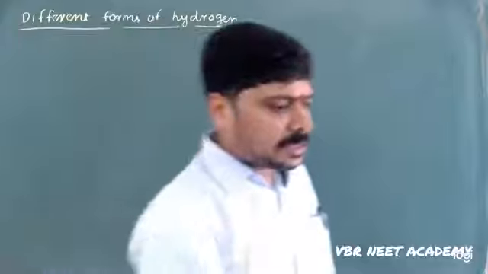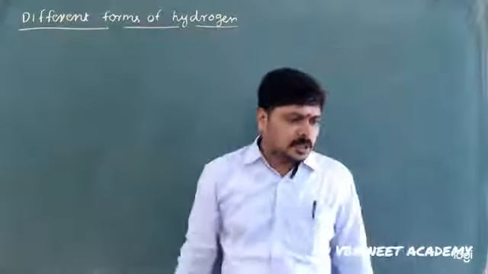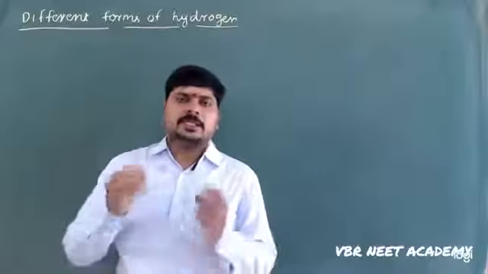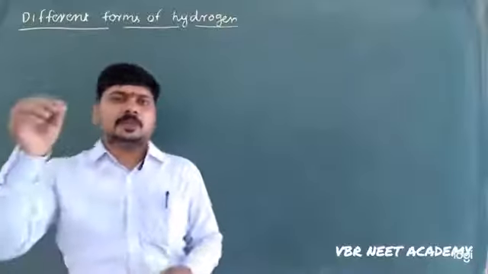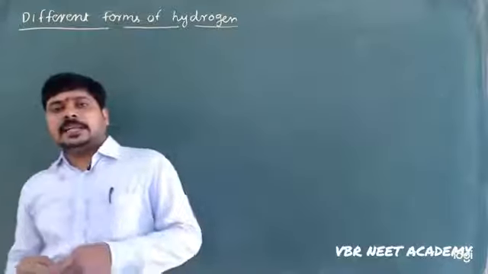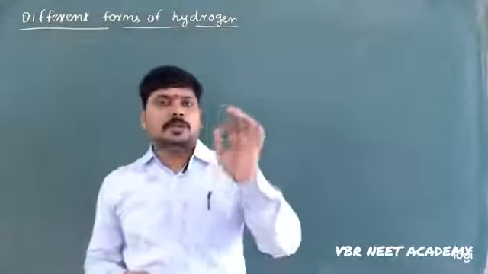The next we discussed is nascent hydrogen. Nascent hydrogen is produced by zinc metal acting on sulfuric acid, liberating the nascent hydrogen. That nascent hydrogen has high reducing ability.